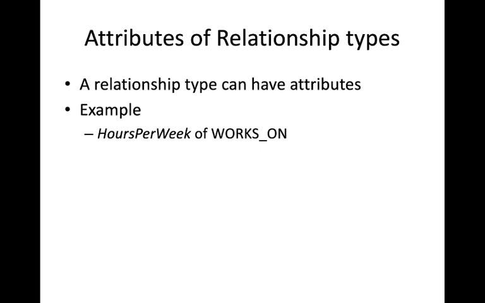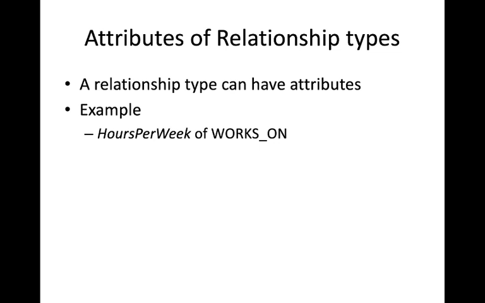That attribute cannot be specified on the employee side, because if I am working on five projects, I should have five rows for that. I have to specify project P1 for this number of hours, P2 this number of hours, P3 this number of hours. Or if I specify that attribute on the project side, it will be much more complex, because for every employee I have to keep track of that.